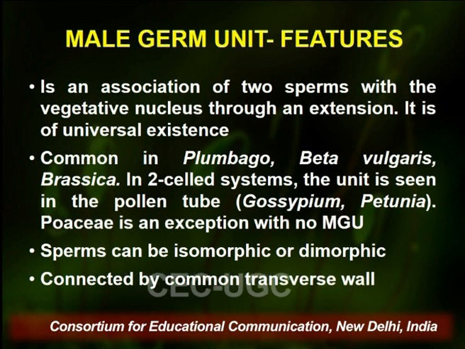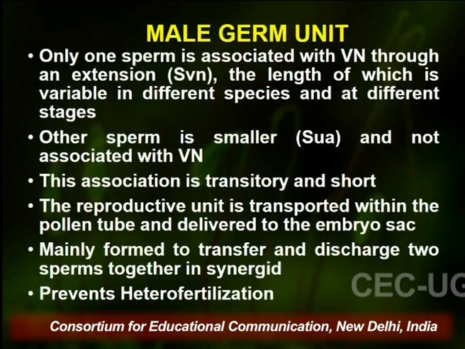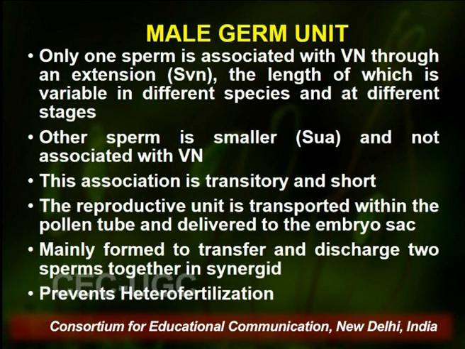These two sperms are connected with each other by a common transverse wall. Only one sperm is associated with the vegetative nucleus through a cytoplasmic extension, and this sperm is called sperm 1, or the SVN.